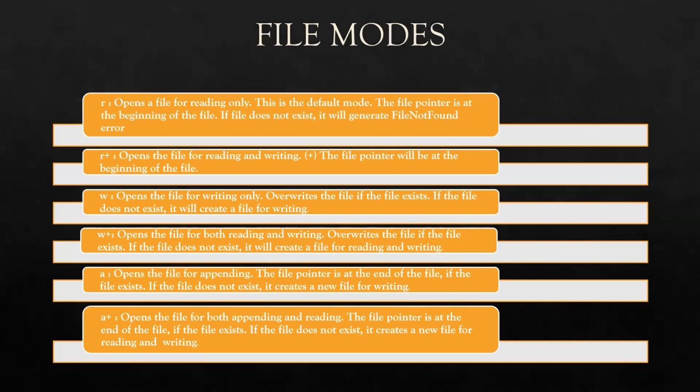If we are opening the file for writing, then it will be W. If it is W plus, then the file will open for both reading and writing. If it is A, then it will open for appending. And A plus opens the file for both appending and reading. So let us see it practically and then we will understand it in a better manner.